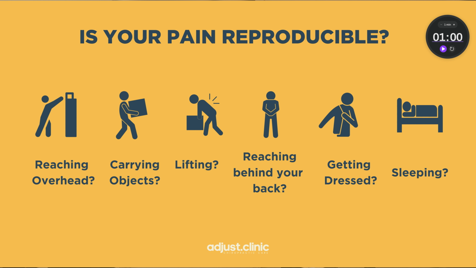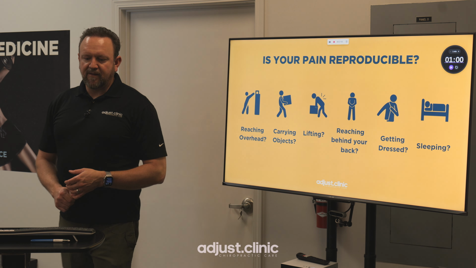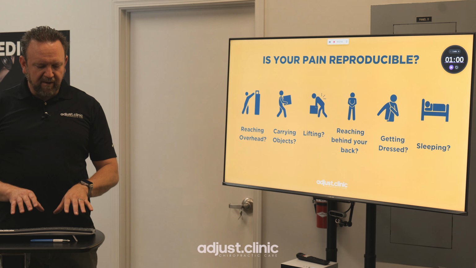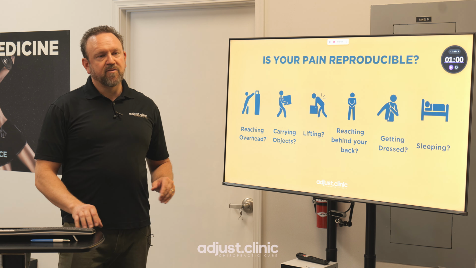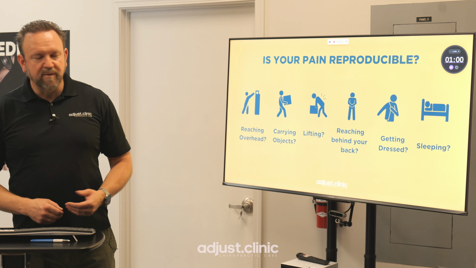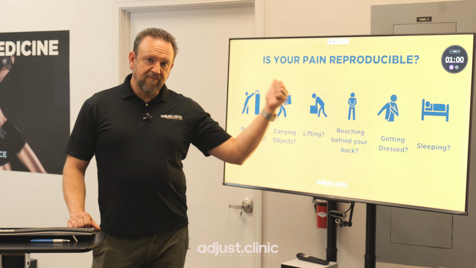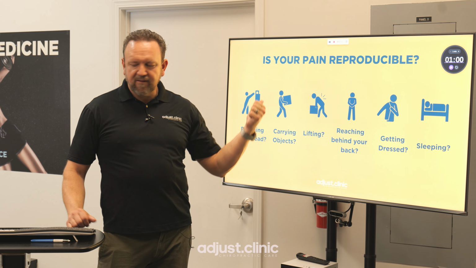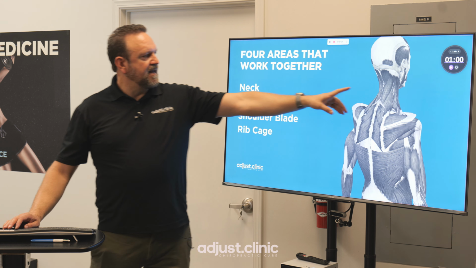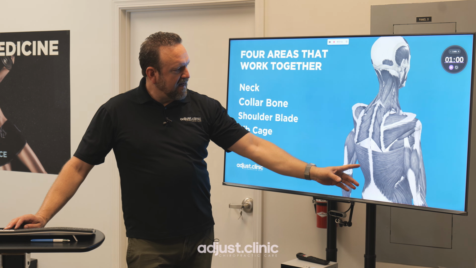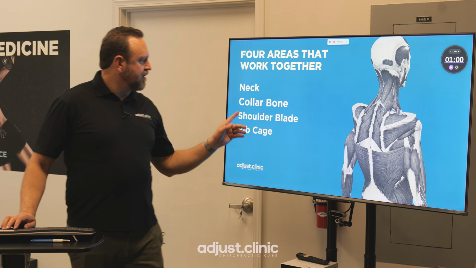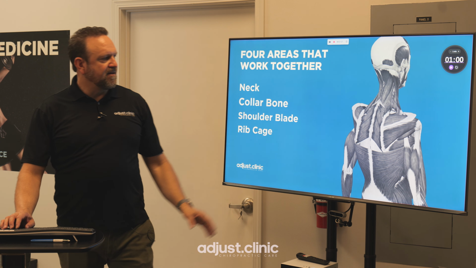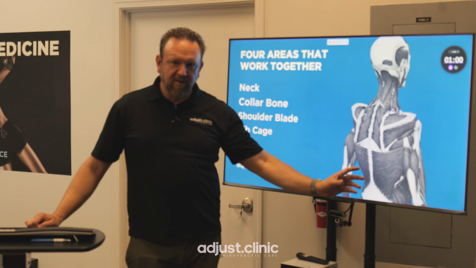And of course, you're listening to a presentation by a chiropractor, and the chiropractor is going to do what he can do based upon the tools that he has in his office and his scope of practice to do conservative care to improve mobility in the neck, mobility in the mid-back, proper posture of the shoulder blade, good mobility of the collarbone, and the strength and coordination of all these muscles.